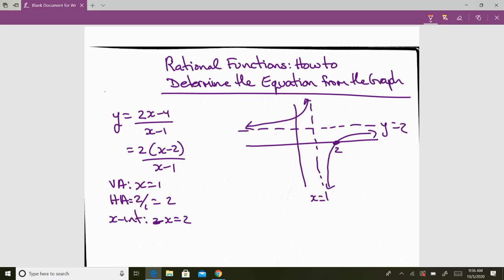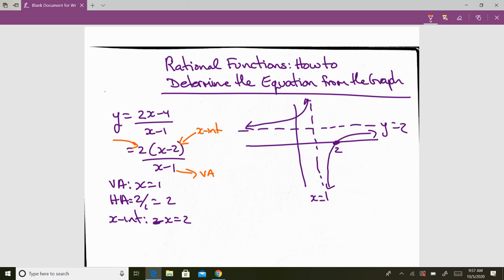All right. What does that tell you on the graph? What did that piece of x minus 2 tell us? You just told me. X-intercept, right? What did this tell you? Vertical asymptote.